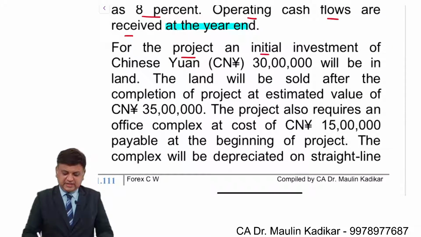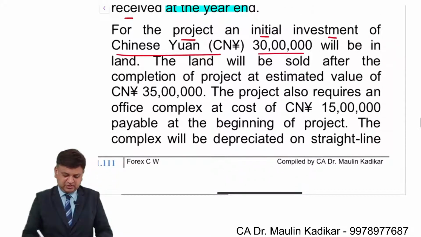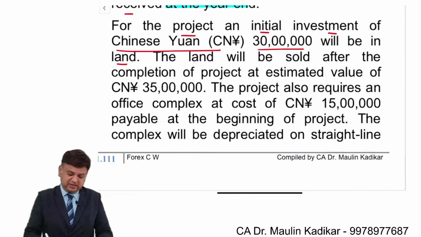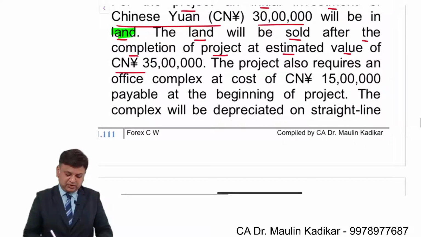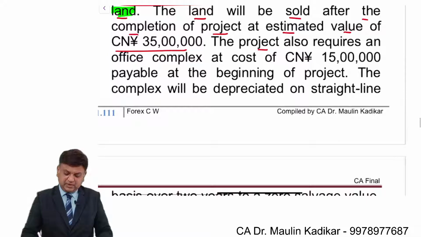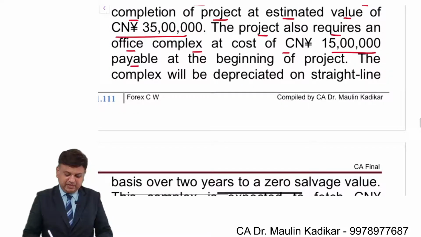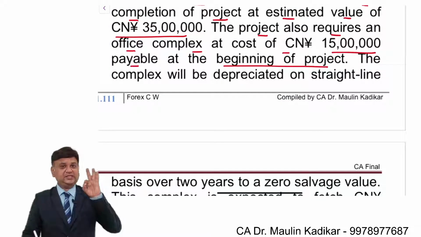For the project, an initial investment of Chinese Yuan 30 lakhs will be in land. The land will be sold after the completion of the project, that is after 2 years, at an estimated value of 35 lakhs Chinese Yuan. The project also requires an office complex at a cost of 15 lakhs Chinese Yuan, payable at the beginning of the project, that is in the year 0.